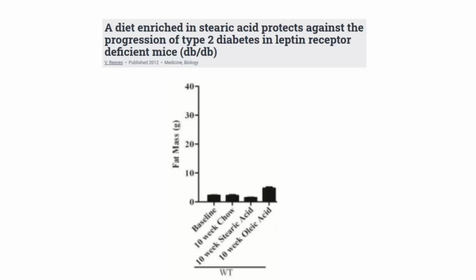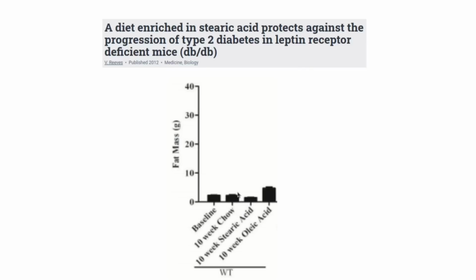And of course, I was interested in SEA, the stearic version of this, partially because of this article, one of the articles that started my whole blog, Fire in a Bottle. This is an experiment where they fed mice a normal low-fat chow diet, and then they went another 10 weeks on the low-fat diet. So that's kind of your control mouse.